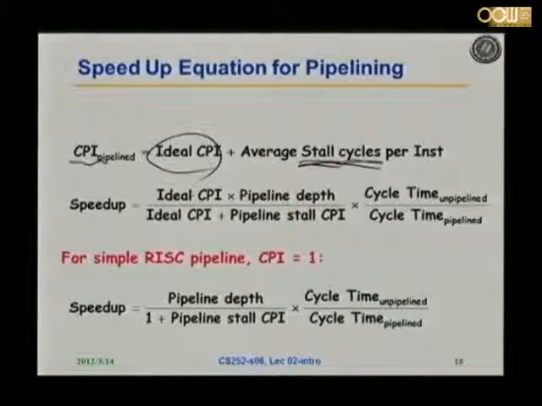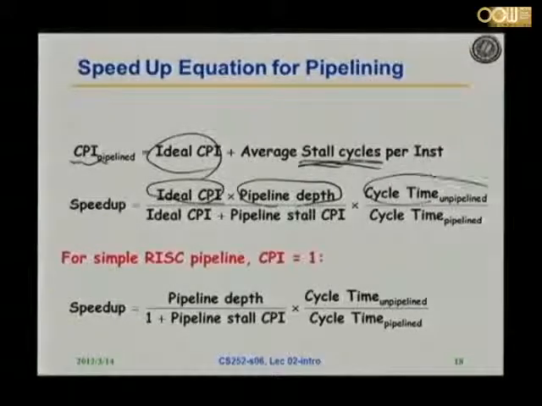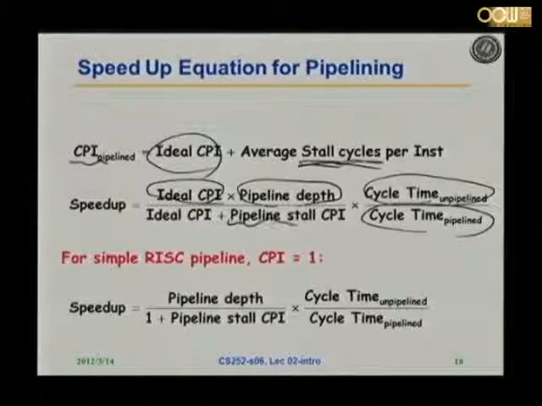Okay, so my ideal speed up would be 1 times how deep my pipeline is, times unpipelined cycle time over pipelined cycle time. But in reality, there could be stalls.